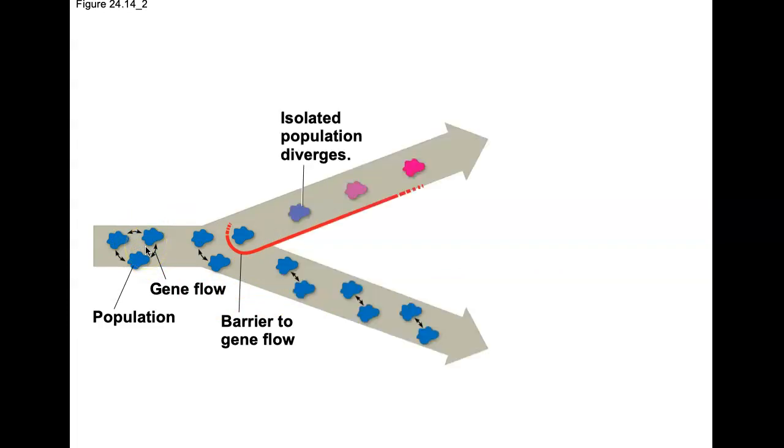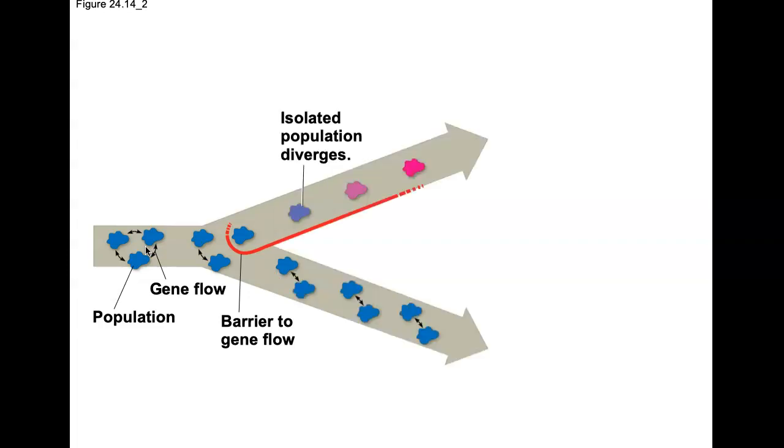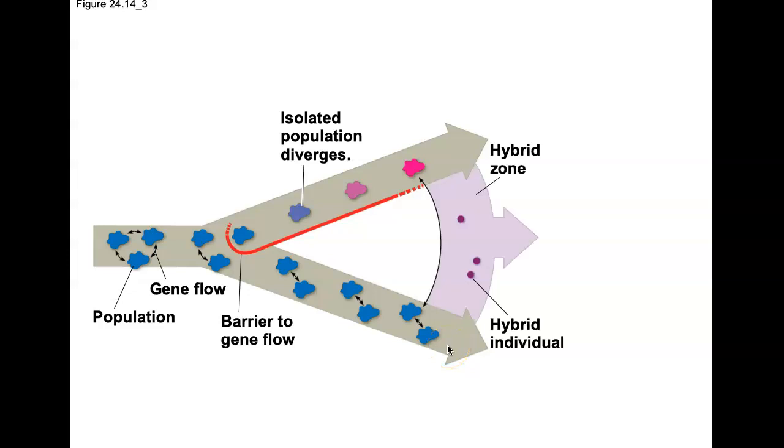And then due to some sort of barrier, whether it's a geographical barrier or, all those other kinds we've learned, behavioral isolation, all of that, the gene flow is cut off. These two populations are no longer breeding and mixing up their genes as often. So then they go through their own mutations, natural selection, sexual selection, genetic drift. So now they become so different that they are now two different species.